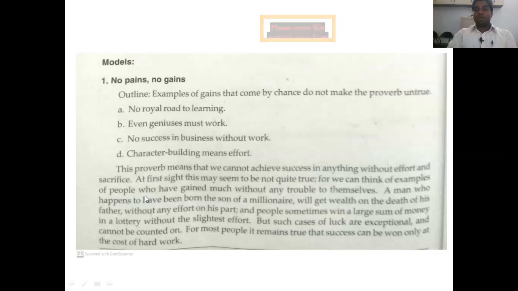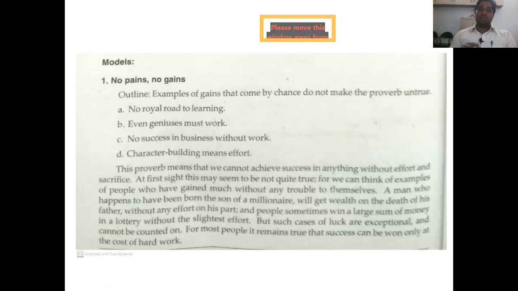So now we can move on to how to elaborate the proverb. This proverb means that we cannot achieve success in anything without effort and sacrifice. At first sight, it may seem not quite true, for we can think of examples of people who have gained much without any trouble themselves.